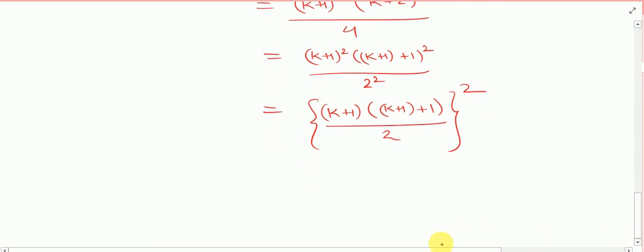Yes, so I was telling you that the given statement is like this: 1 cube plus 2 cube plus 3 cube plus dash plus n cube is equal to (n into (n plus 1) upon 2) whole square.